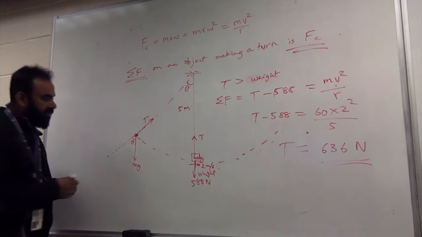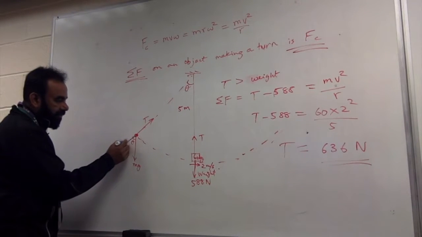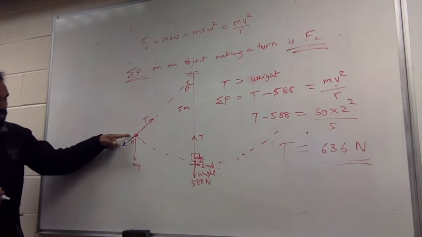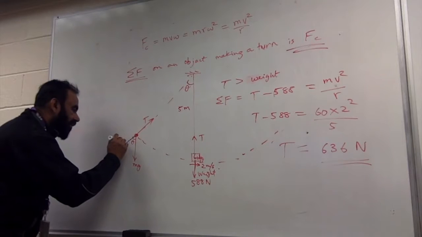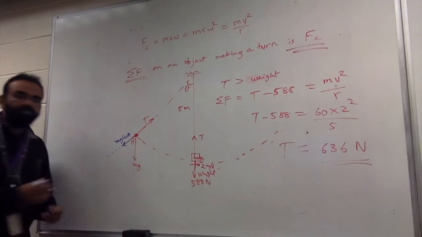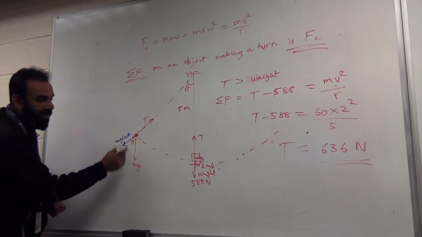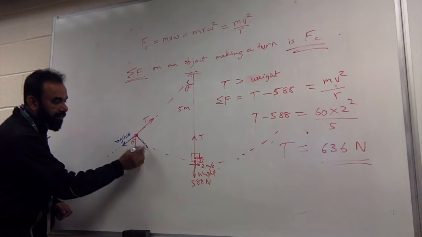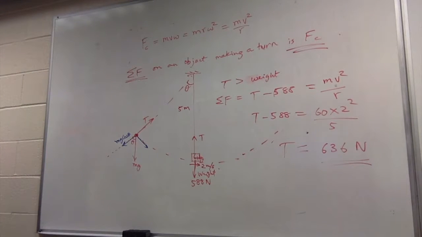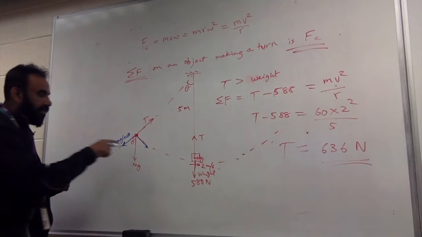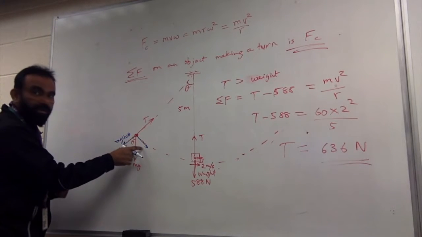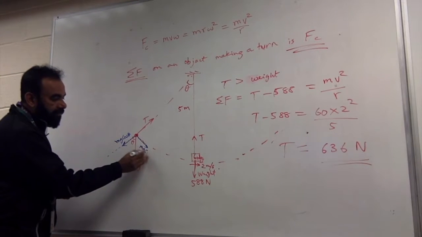It is the cosine component because it's the adjacent component. So this is mg cosine theta. And what is the component of this same mg in this direction? Mg sine theta.